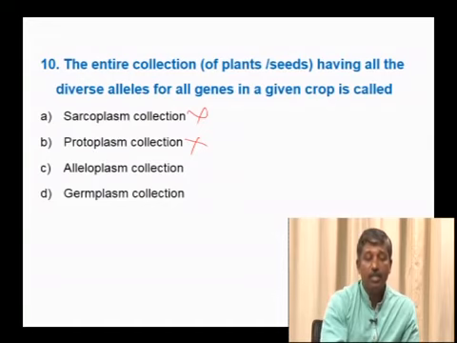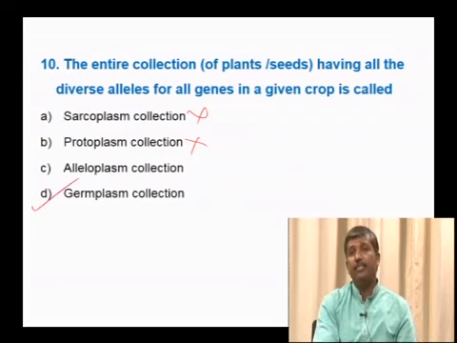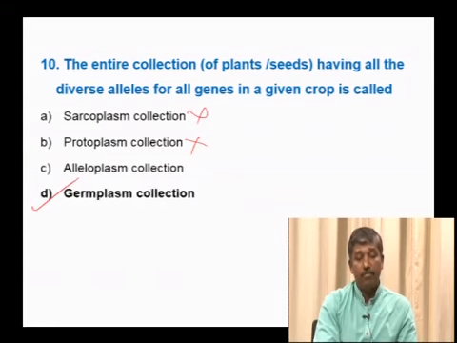You might have known alleles, not alleloplasm. Germplasm is the collection of diverse alleles for all genes in a given crop. Hence, the right answer is germplasm collection.